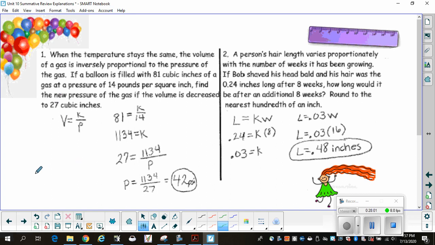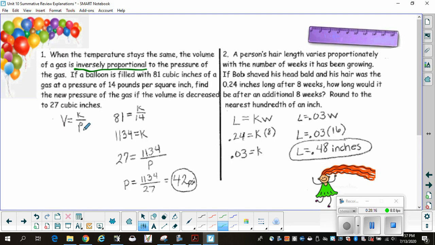So this first one: when the temperature stays the same, the volume of a gas is inversely proportional to the pressure of the gas. Right there, it tells you inversely proportional, that's inverse variation. So volume equals K over the pressure. Then they tell you that at 81, the gas pressure is 14.